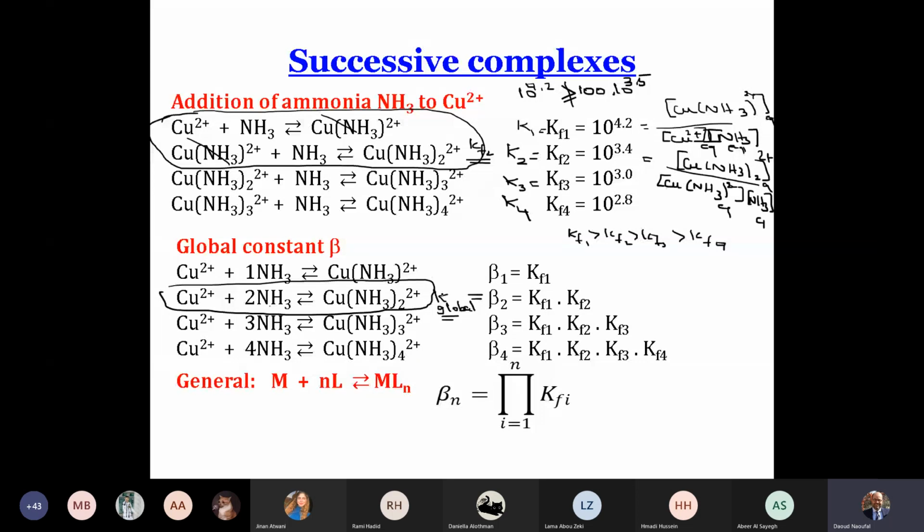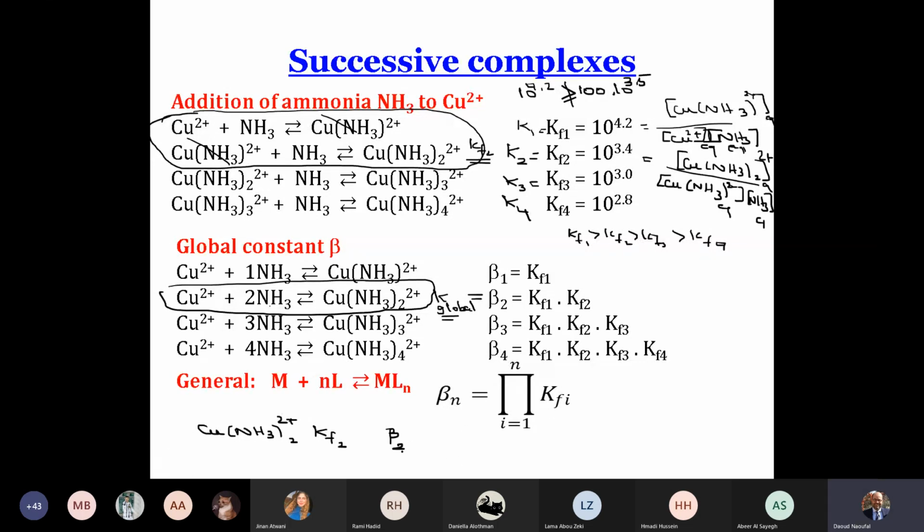In some exercises, they write in the data Cu(NH3)2 2+. Some exercises give Kf2, other exercises give beta 2. If Kf2 is given, that means you can write the formation of this complex 2 from complex 1.